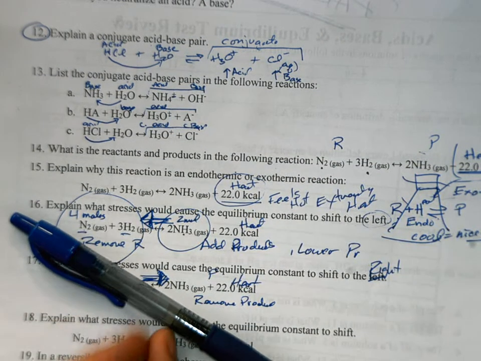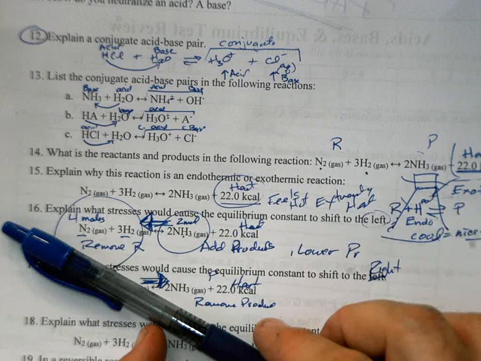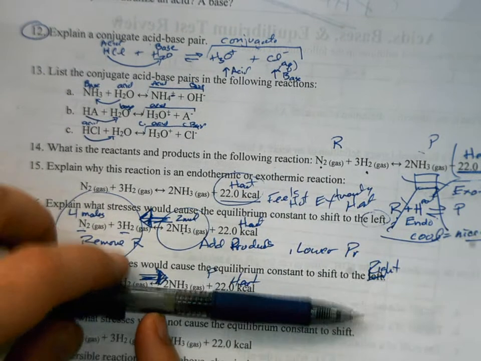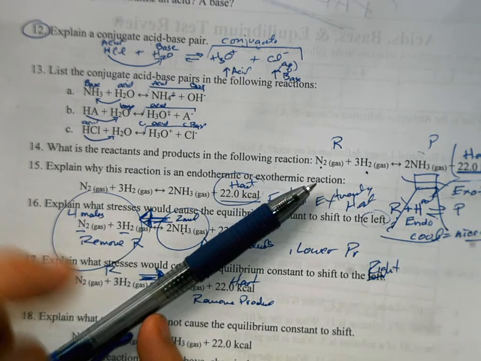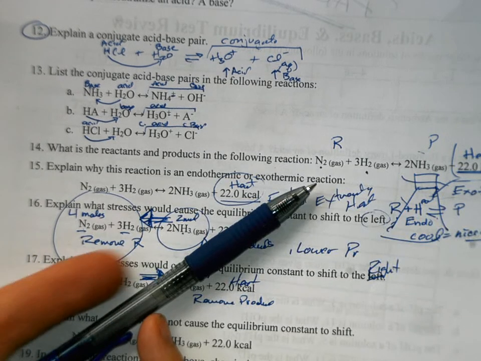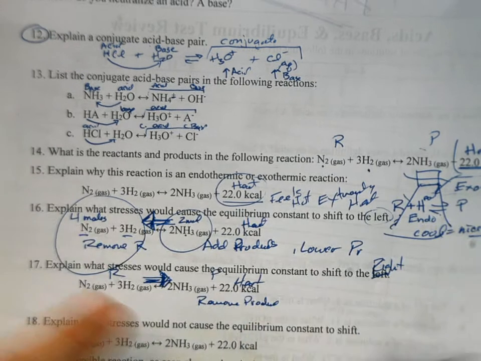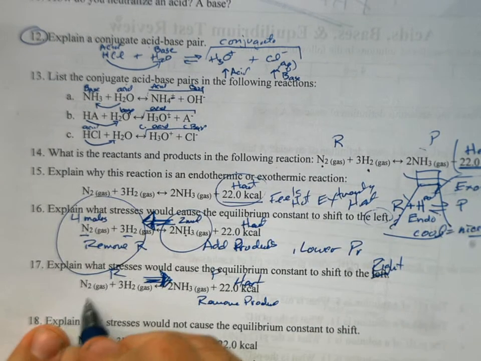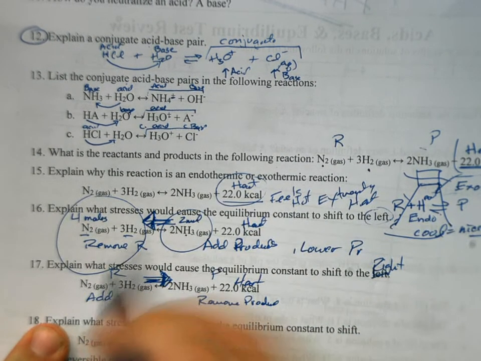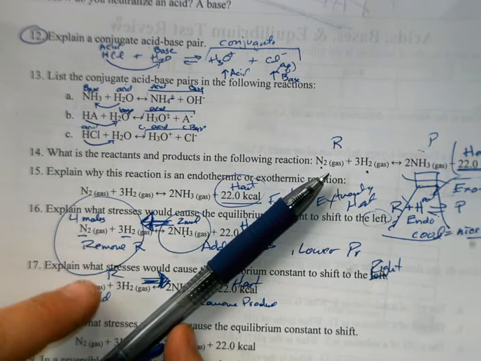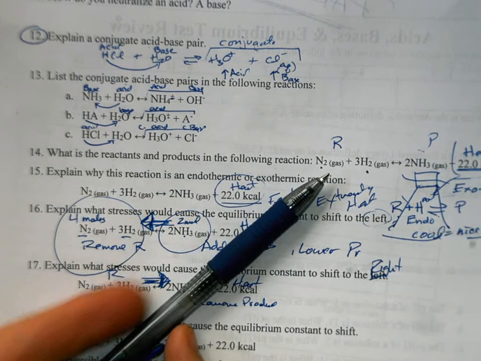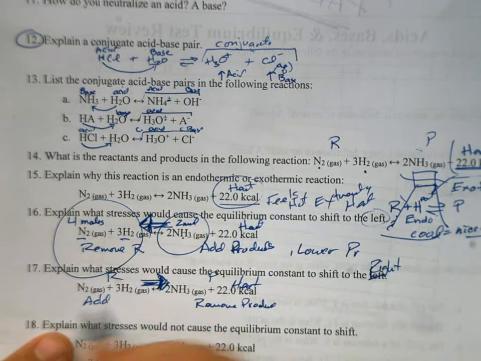Oh, I'm sorry, I did that wrong. If we remove stuff from this side, the scale is going to tip up like this, okay? And to get it balanced, now we need to move things to the right. So if we remove products, or if we add reactants, if we add stuff here, the scale tips like this, and we still have to shift things to the right. Add products.